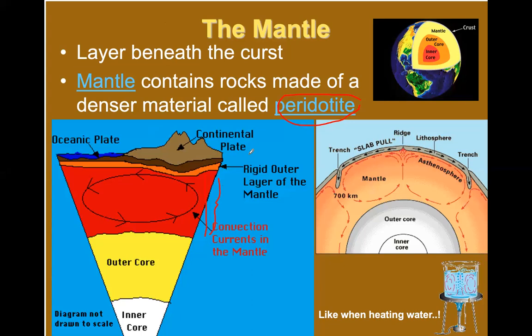The mantle part is composed of iron and magnesium rich minerals. So that is what you call the peridotite. But the important feature here in the mantle is that the mantle forms convective currents. What are convective currents? It's like when you are boiling a pot of water, right?